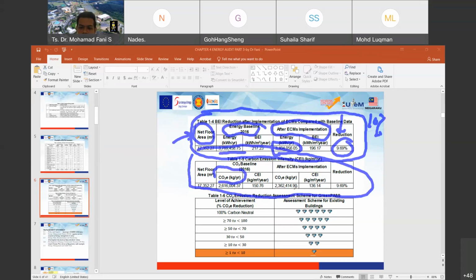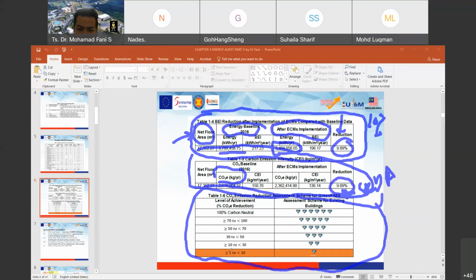And by referring to the green pass, or any green pass under SEDA, the Sustainable Energy Development Authority, SEDA has introduced the diamond scheme for buildings that are able to reduce the CO2 equivalent emission.